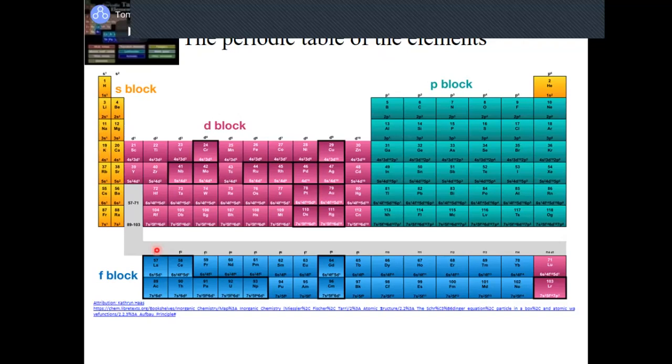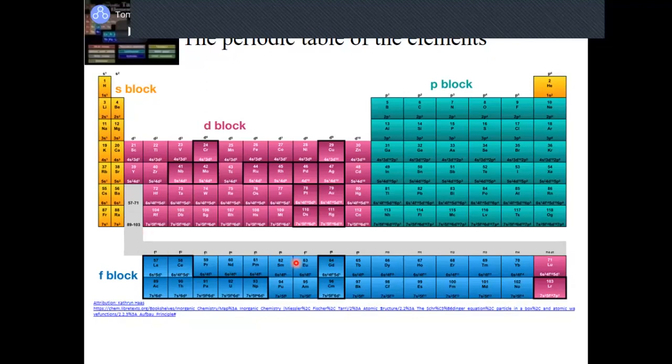Now you see here, in addition to all these elements that we have discussed, there are also these here, and that's the so-called f block. The f block doesn't get a group number, and it's typically not inserted in between the s block and the d block, because otherwise the periodic table would just get too wide.